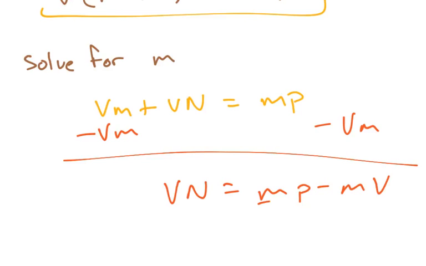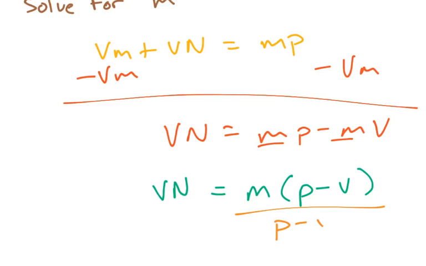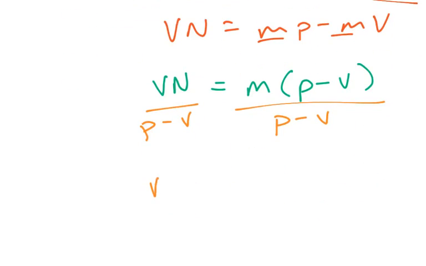I'm just switching it around so that the m's match up. And hopefully from that, you can see what the next move is, which is to factor out an m. And to finish this off, I'm going to divide by p minus v. I'm going to get Vn over p minus v equals m.